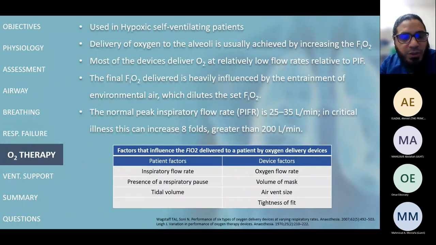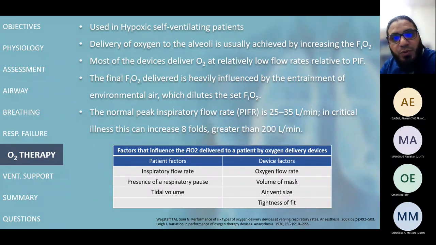Now I will talk about the different devices that you can use in oxygen therapy, how to choose between them, and what's the difference between them. They are simple devices that everybody sees every day on the walls, but they have slight differences, and also understanding the process of oxygen support is really important.